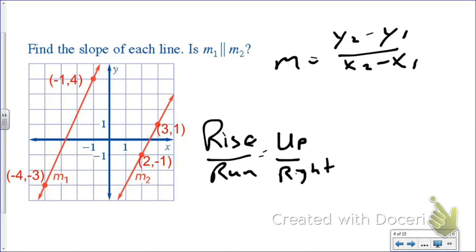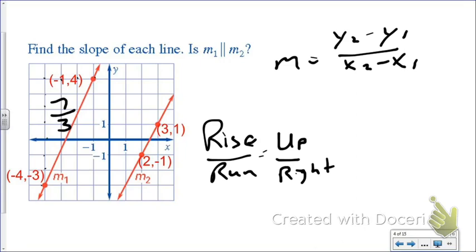In this case, you always start with the dot that's further left. If I start at the point (-4, -3), I can go up 1, 2, 3, 4, 5, 6, 7, and right 1, 2, 3. So the slope of that one would be up 7, right 3, or 7/3.